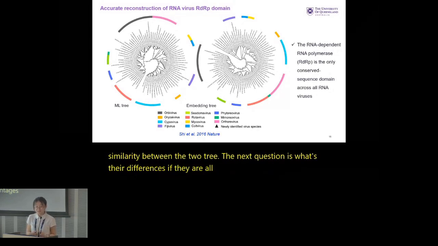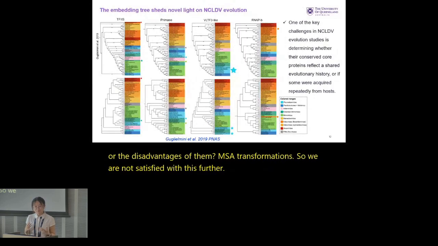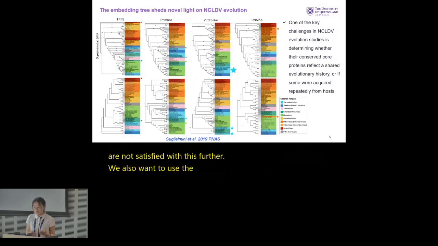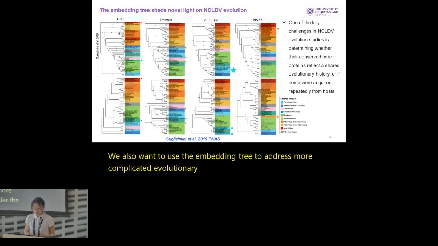So we are not satisfied with this. Further, we want to use the embedding tree to address more complicated evolutionary problems. So here we consider large DNA viruses.